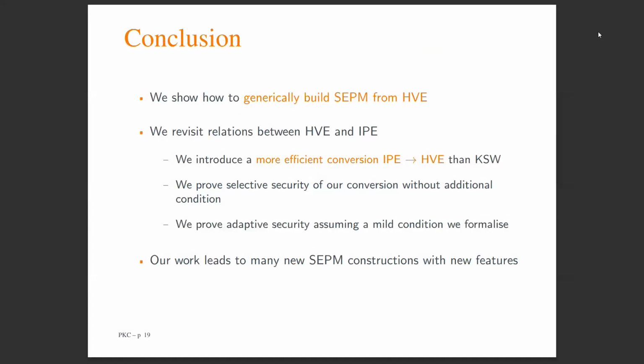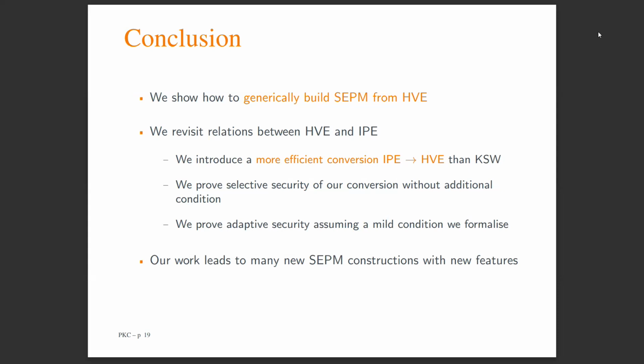So to conclude, what we show in our paper is that we can generically build SCPM constructions from any hidden vector encryption. We have a generic, concrete transformation from hidden vector encryption to SCPM.